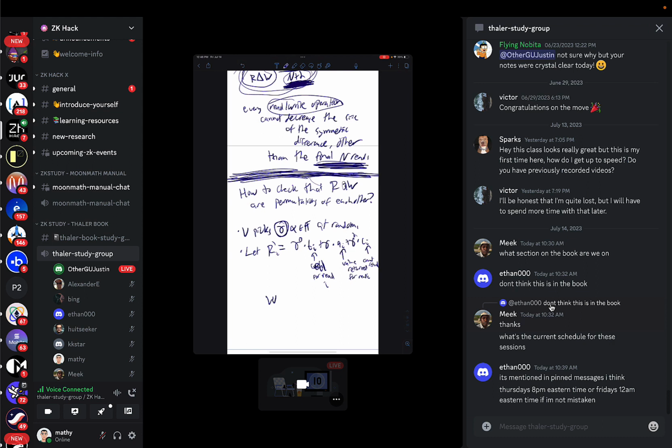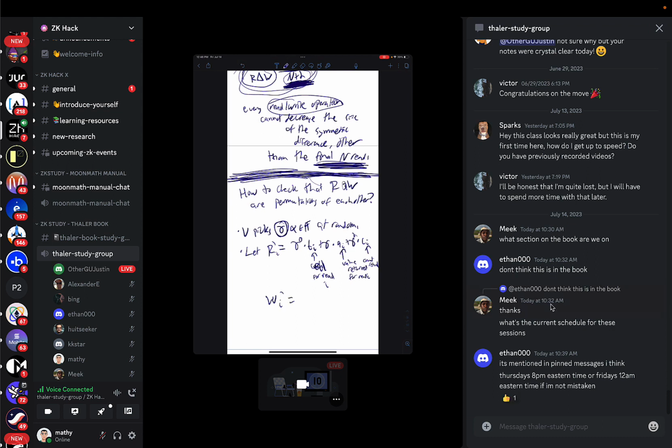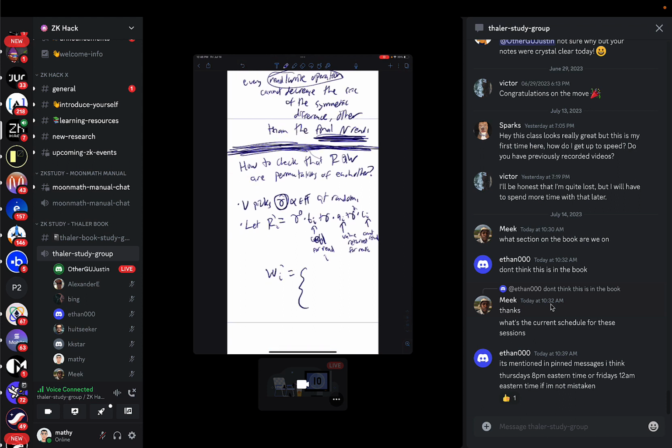And Wi prime is, it gets a little annoying to write out, but it's just taking W and replacing each entry with the Reed-Solomon fingerprint. Remember the first n entries of W, for i equals 1 to n: the ith write operation is to cell i, so we have gamma to the 0 times i, plus gamma times the value written, which is T of i, and then finally gamma squared times the count written, which is 0.